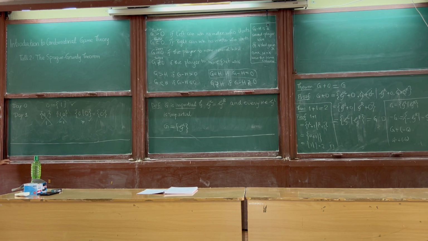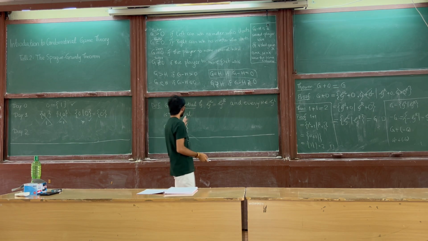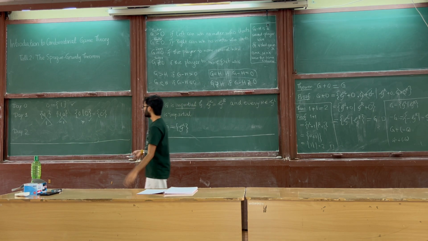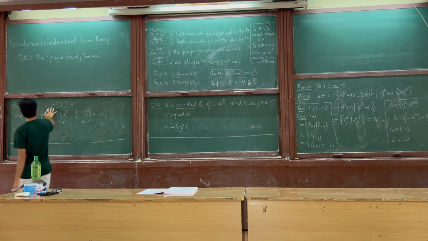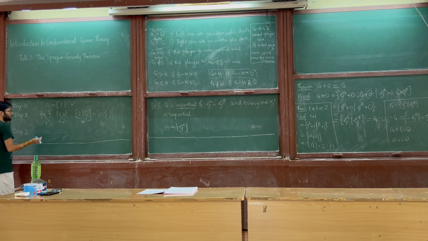Okay. And then next day. If I am to make an impartial game, I have to put some impartial games there and in the same set. So here I really have 4 possibilities.